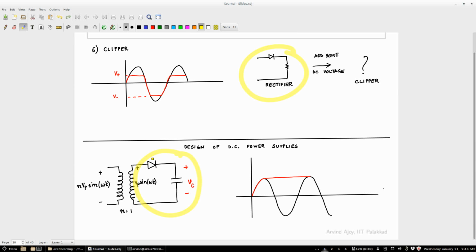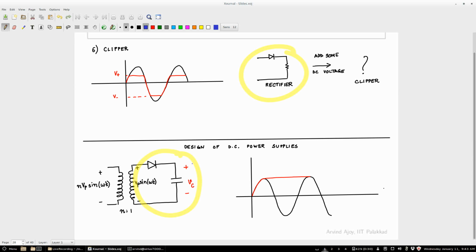Instead of the resistor you have a capacitor. This is another way of making a nice DC power supply. In the resistor case you get only the positive half cycles, and then you have to iterate and all of that. If you use the capacitor, you directly get the peak value, and it's going to hold at that value.